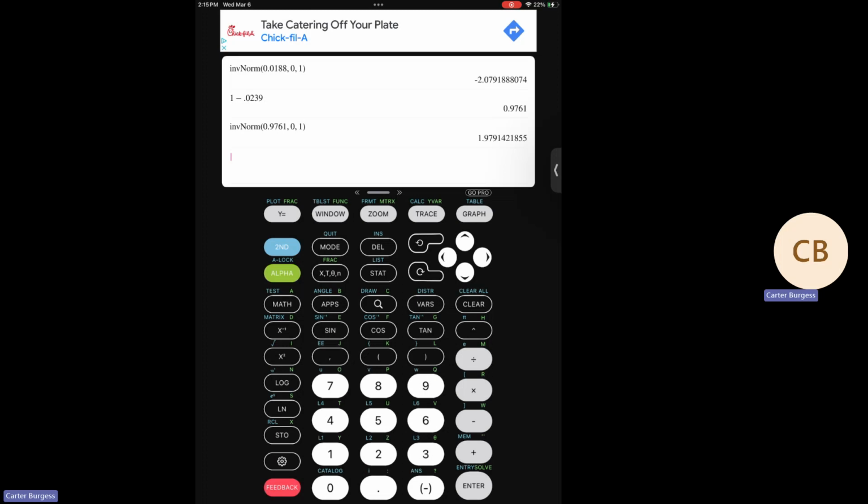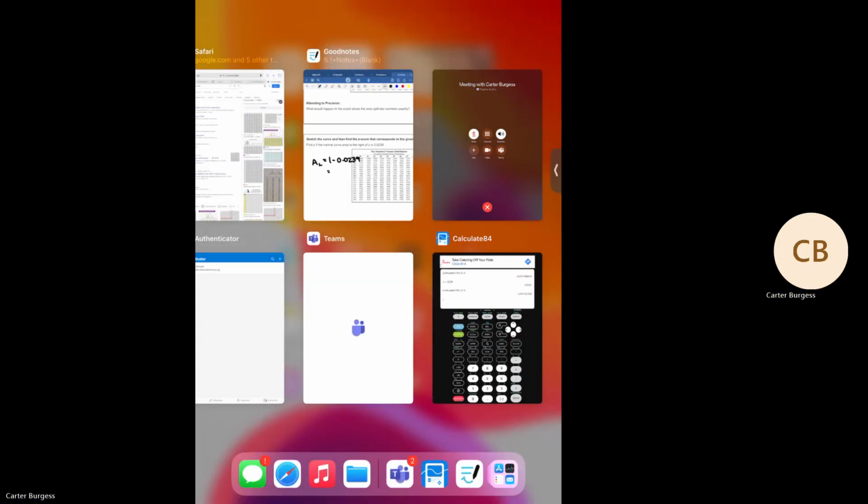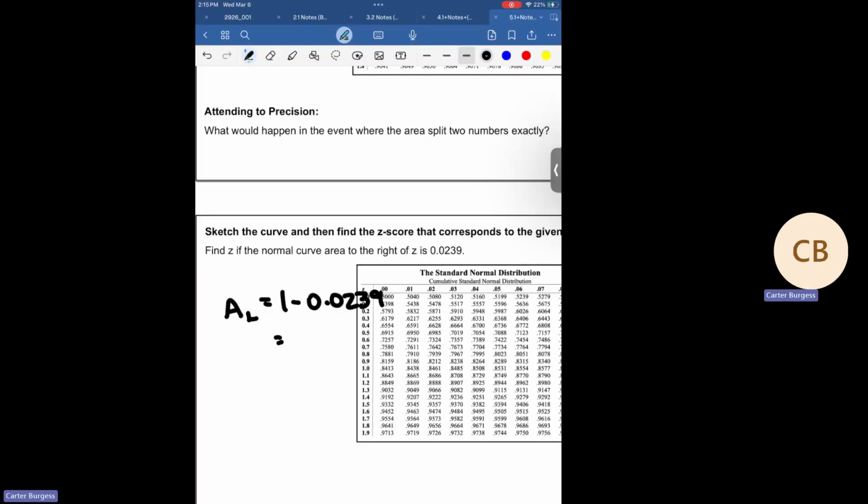If you had just done this to the right, you could do the 1 minus and then do it to the left as well, and that's fine. But I get a z-score of 1.98.